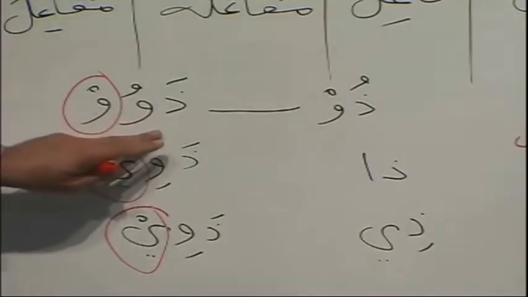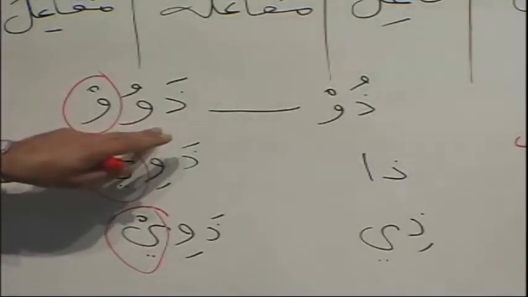Now, brothers and sisters, tell me one thing. I explained to you zavu is plural. There is another form of plural, very similar. What is this? Ulu. Ulu will always come as a mudaf. There is no noon.